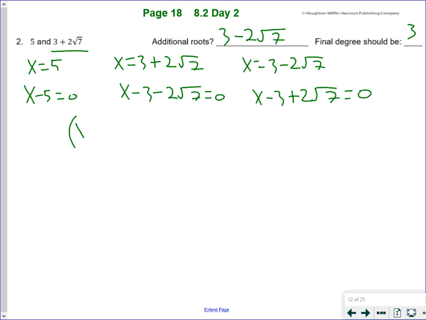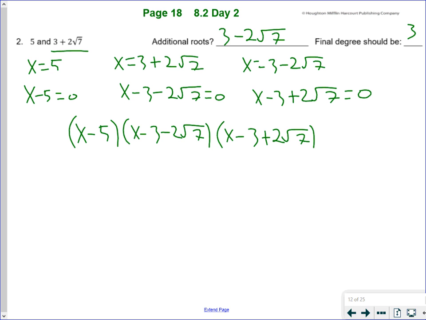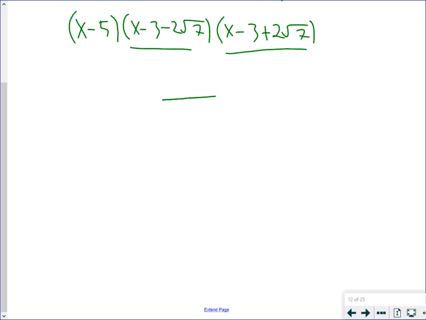So now I need to multiply all of them together: x minus 5, x minus 3 minus 2 root 7, and x minus 3 plus 2 root 7. I'm going to multiply the last two polynomials together first, and I'm going to do that in a box just because I can keep everything a little more organized, a little more neat, and I won't get lost multiplying with my square roots.